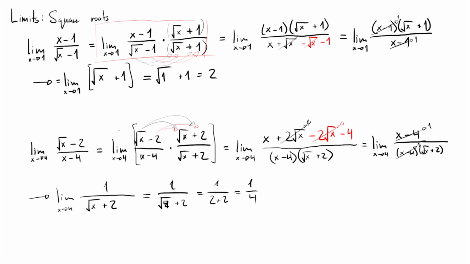In this case, we can't do that, because if I were to separate this into a numerator limit and a denominator limit, the denominator is still equal to 0. And again, we can't have that.